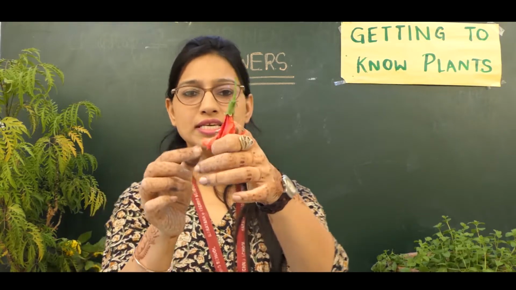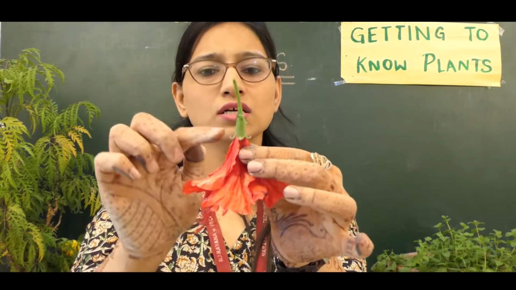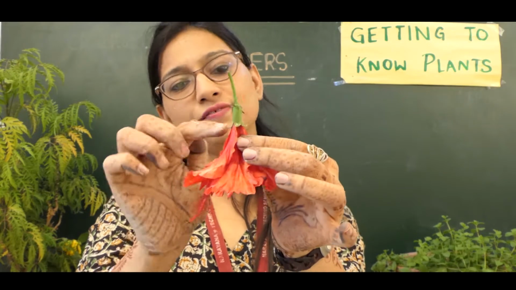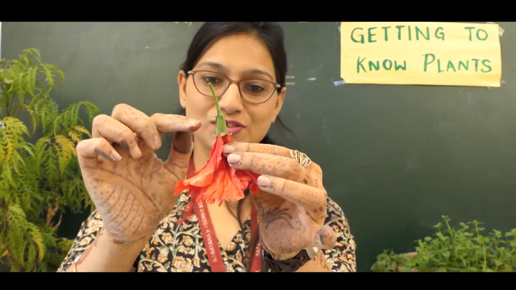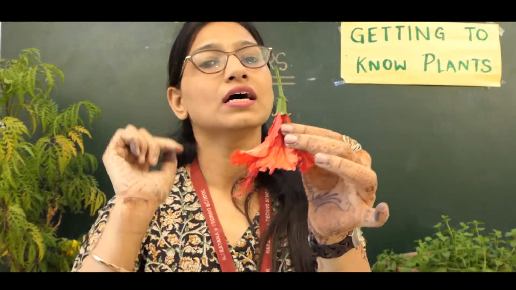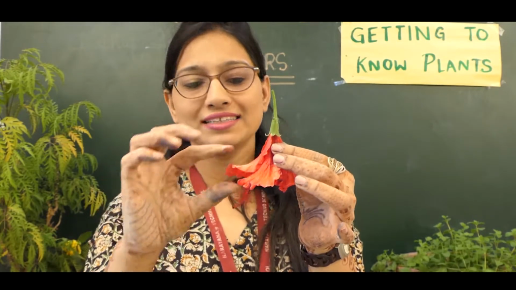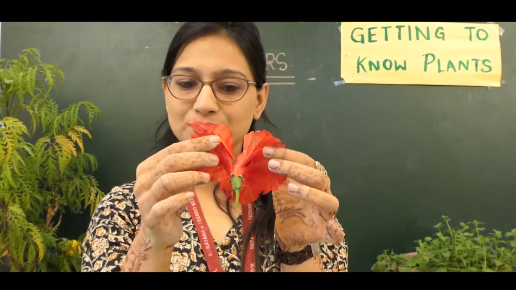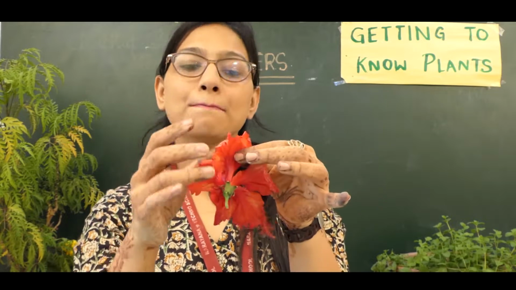After this, can you see this green structure which are looking like leaves but they are not leaves. These are called sepals. And then comes the most favorite one, the brightly colored petals. So let's draw them first.